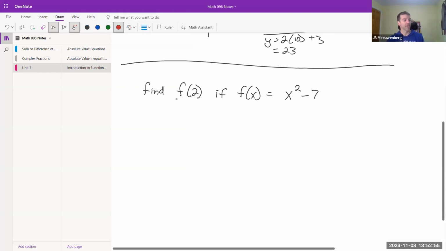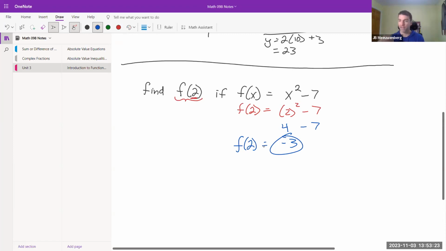So this is saying we are going to calculate the value of the function if x is equal to 2, if this is the function. So we're going to say f of 2 is equal to 2 squared minus 7. We'll replace x with 2 here. That's going to be 4 minus 7, which is negative 3. So we would say f of 2 is equal to negative 3.